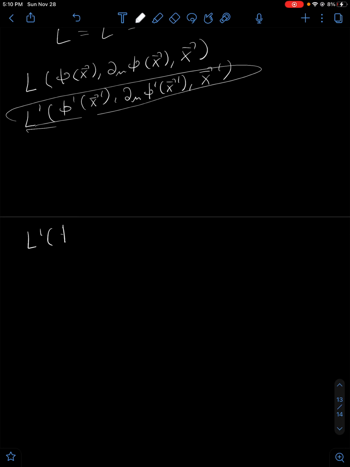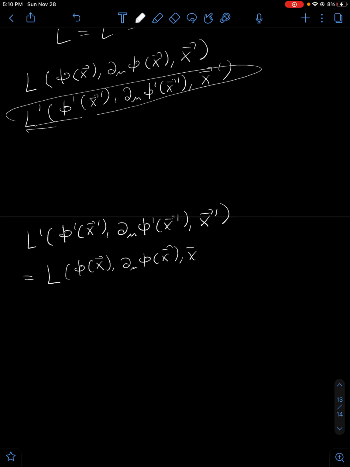So L prime of phi prime x prime, partial mu of phi prime x prime, and x prime is going to be L of phi of x plus delta of L of phi, partial phi, and x.